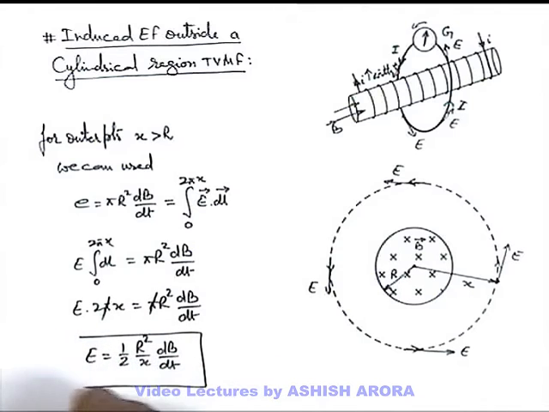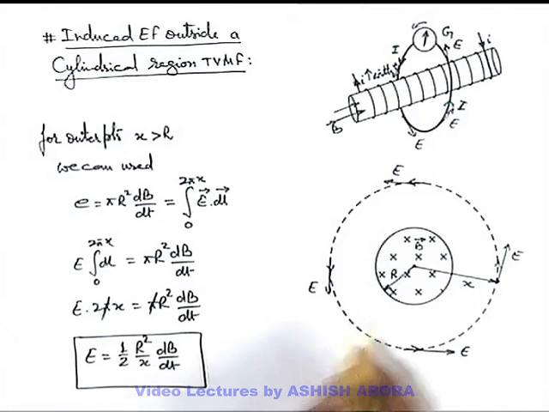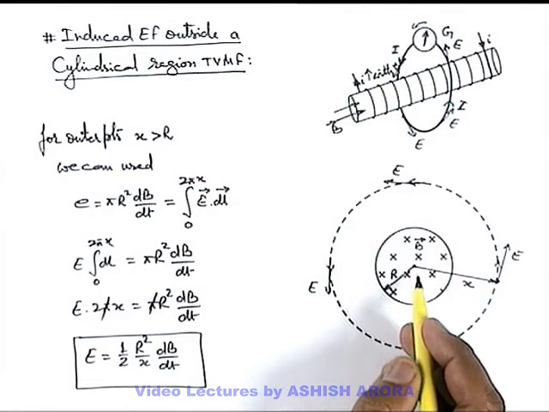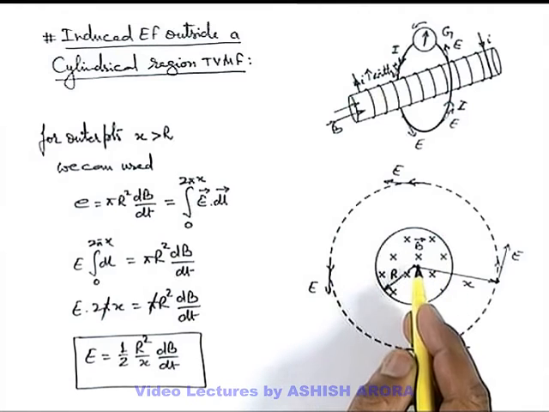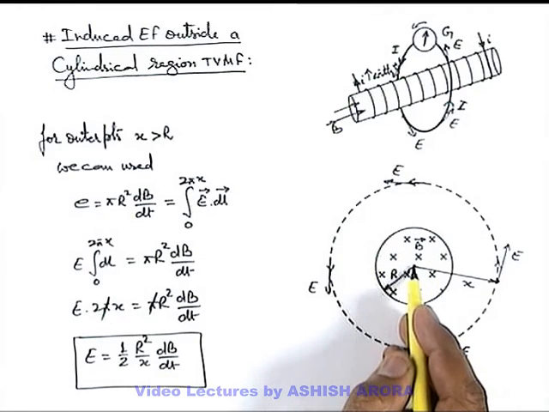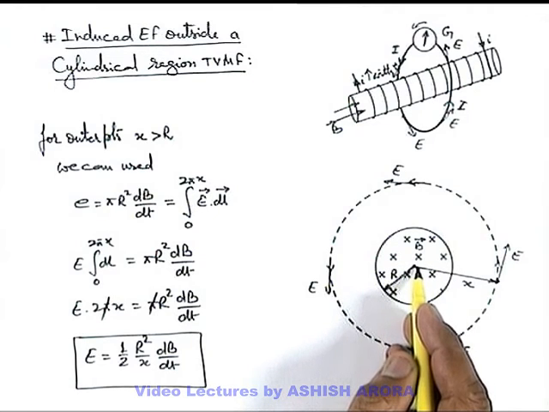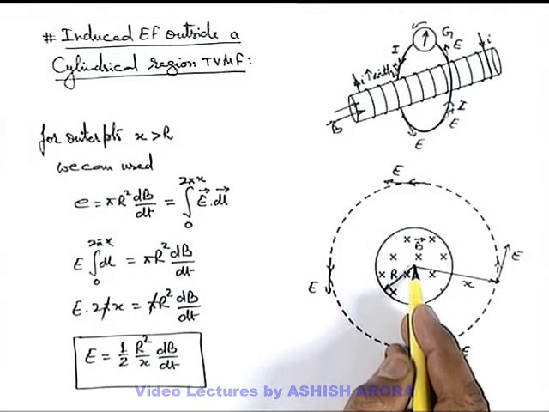That means in this situation you can see the magnitude of the electric field decreases as we move away from the center. In the previous section we studied the configuration of electric lines inside, and we saw that as we move away from the center inside, the density of electric lines increases.